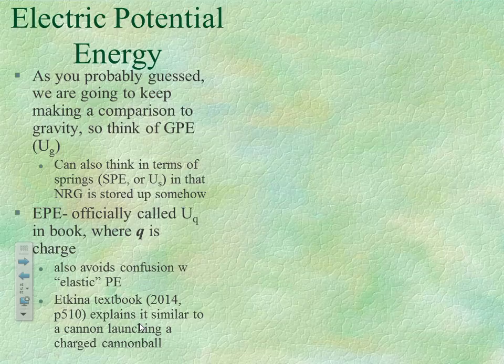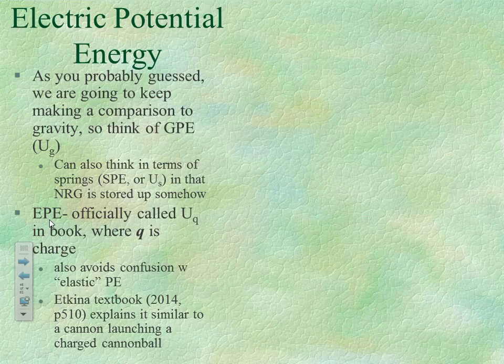I could also compare it to spring potential energy, in that the energy is kind of stored in there, but I think it's best with gravitational. Electrical potential energy, some call it EPE.